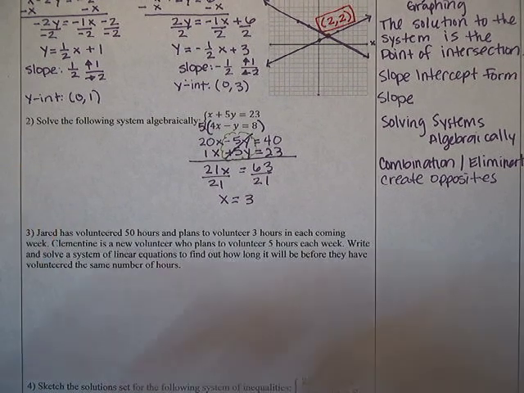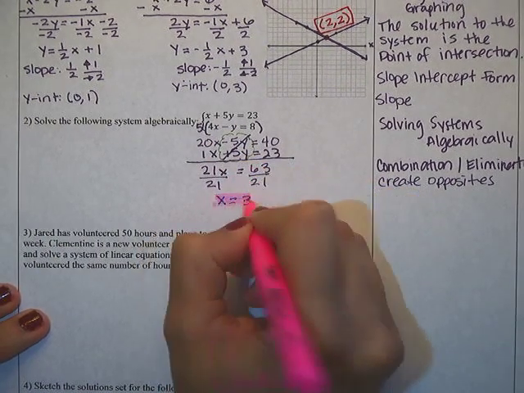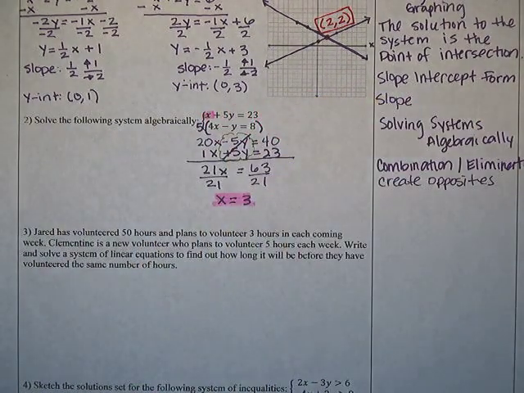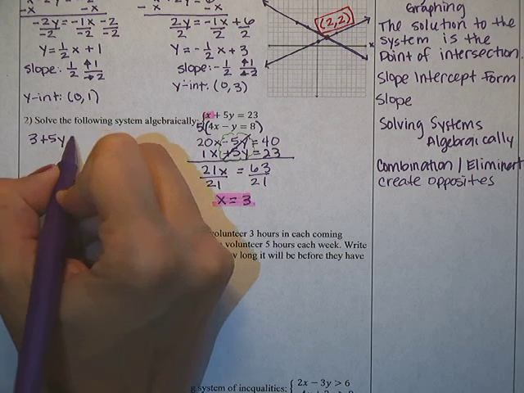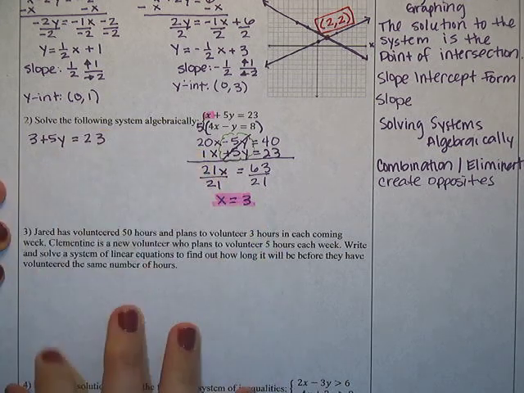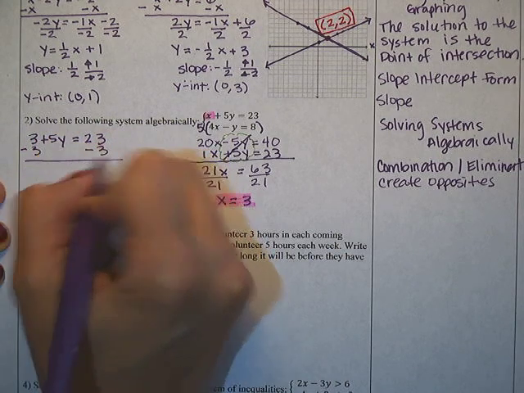We're going to take this x and plug it into either of the original equations, and in this case I'm going to choose the top one, okay, and solve for the other variable. So I end up with 3 plus 5y equals 23. Subtract 3 from both sides, because now we're just isolating the y.